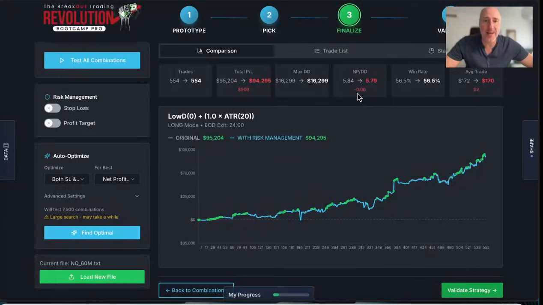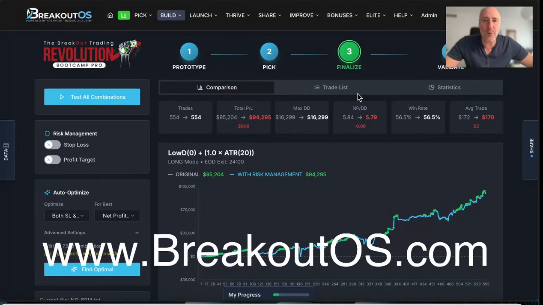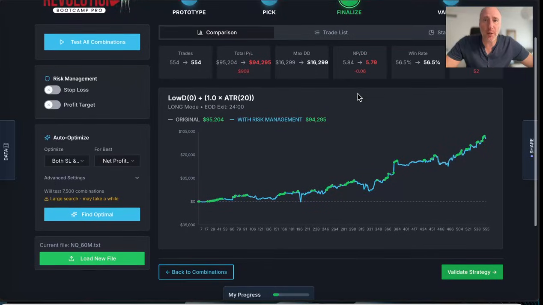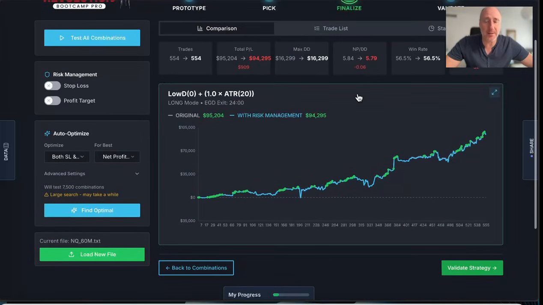And that's quite a simple step already, probably the fastest one, but you still need to understand this and do this correctly. We're doing all the work in the Breakout OS, A to Z. Basically, you can create robust foundational breakout models in minutes here, and I'm showing you how in this free masterclass.